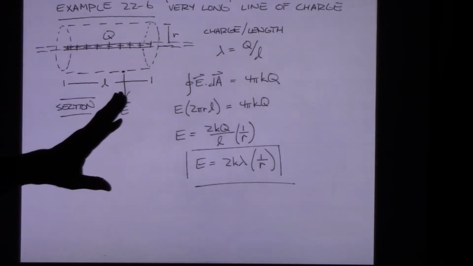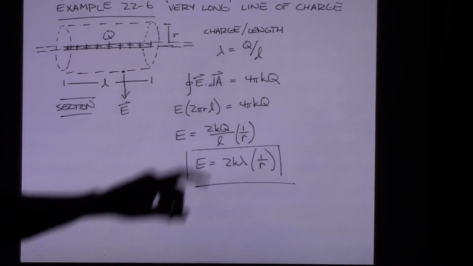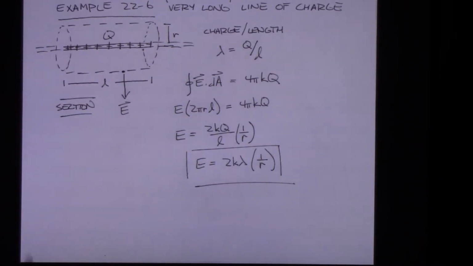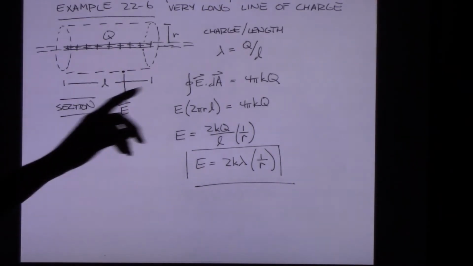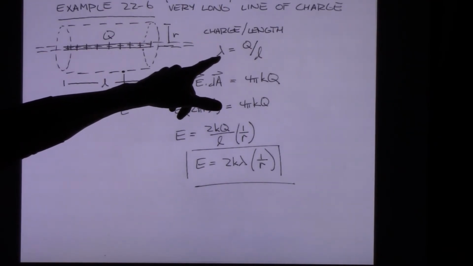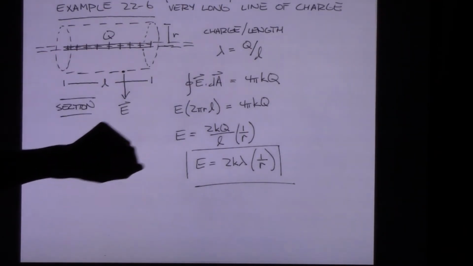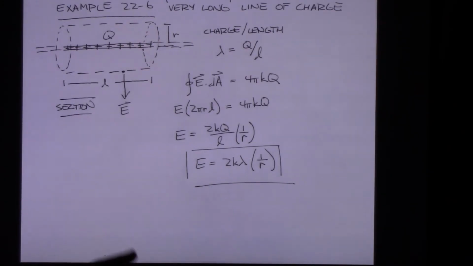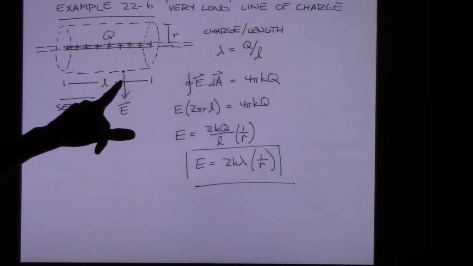We've seen this once or twice before, so we're going to call that lambda and say that's the charge within that length L divided by the length L. So here is a linear charge density, and then the Gaussian surface is going to have a variable radius of little r.